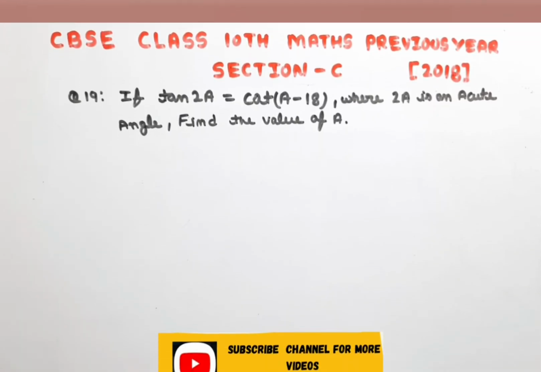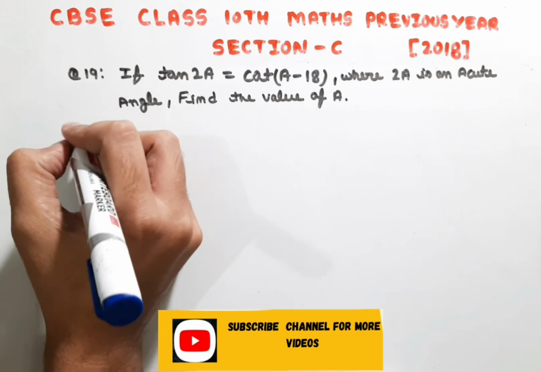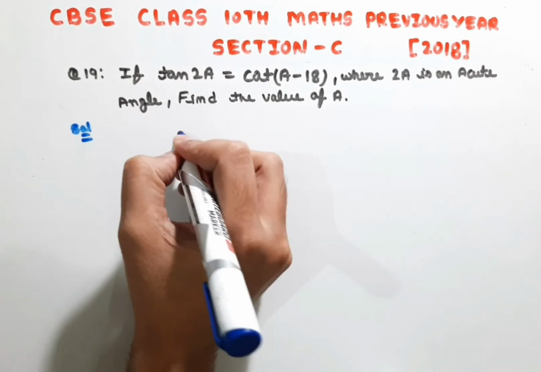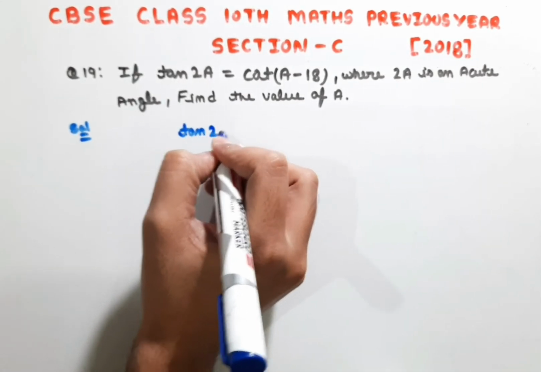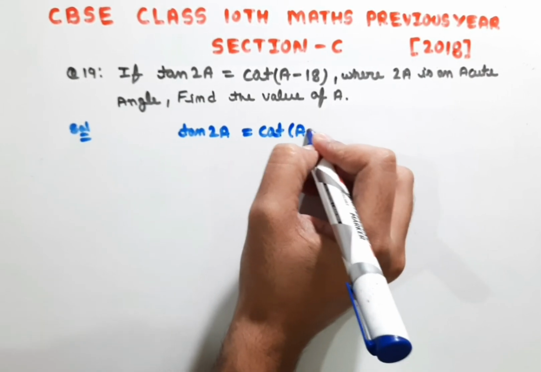Question number 19. If tan 2A equals cot A minus 18, where 2A is an acute angle, find the value of A. In this problem, we have given tan 2A equals cot A minus 18.